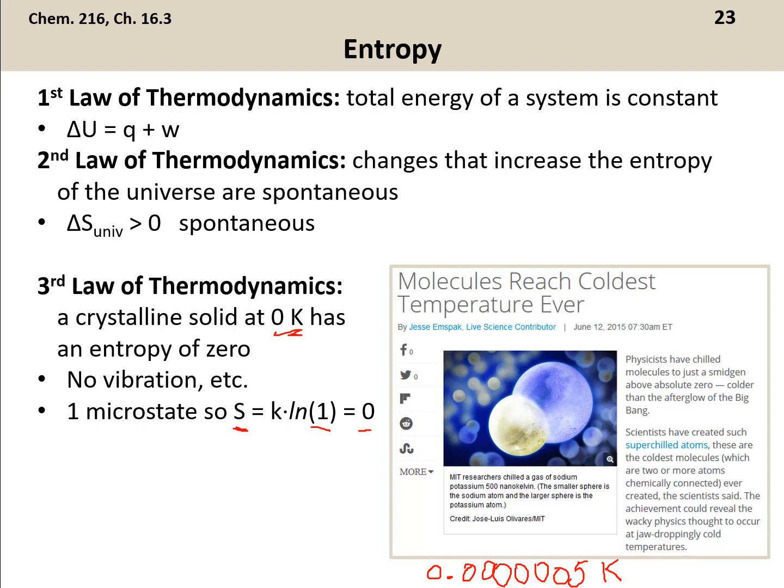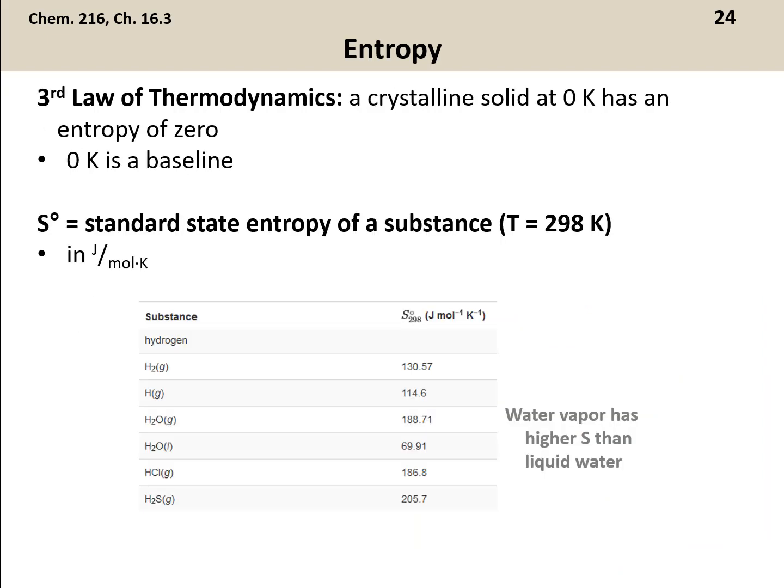All right, so what does this mean? Because of this, we can use 0 Kelvin as a baseline. Every compound at 0 Kelvin will have an entropy of 0. So anything from that, my S initial, will be 0.